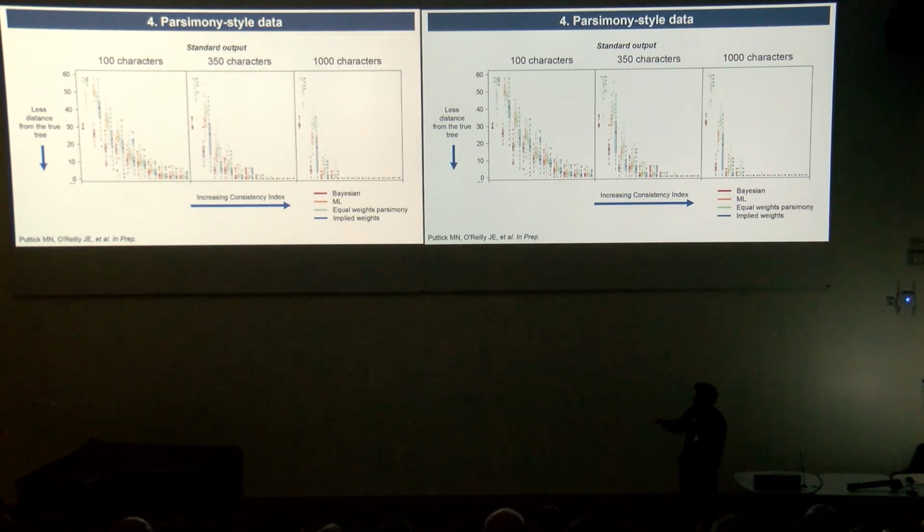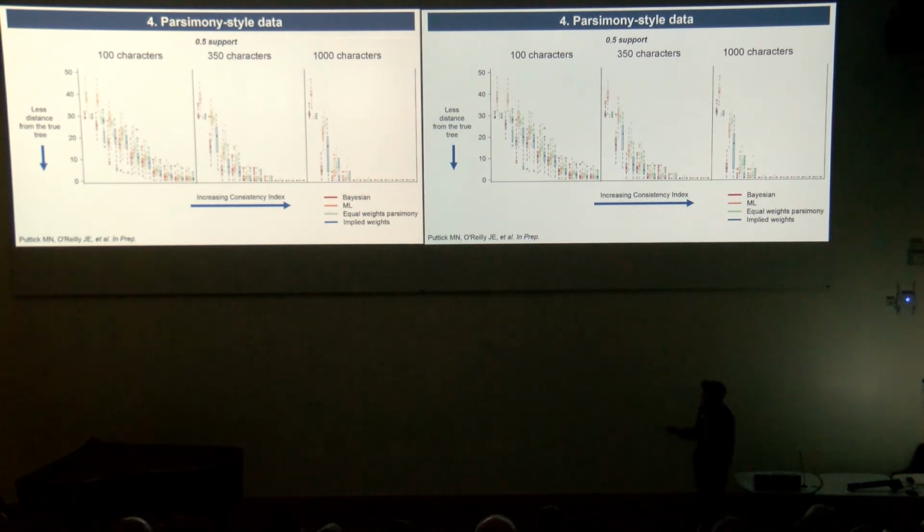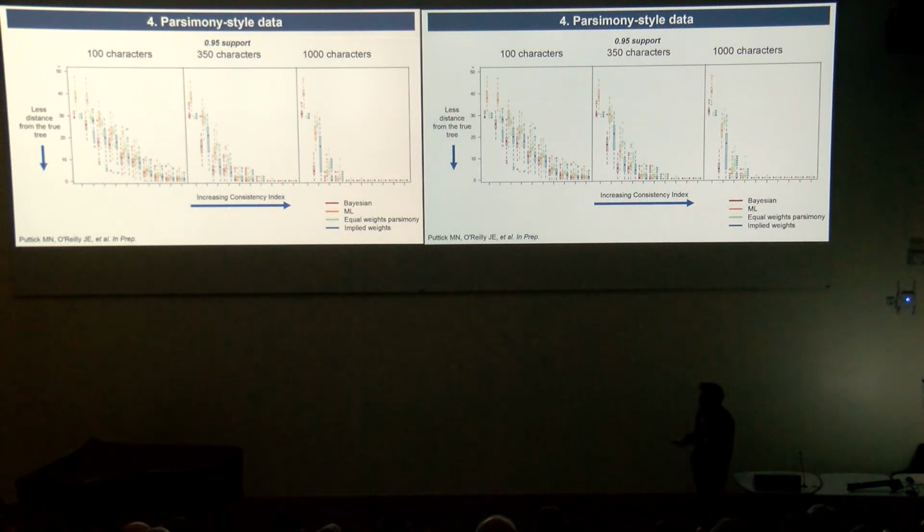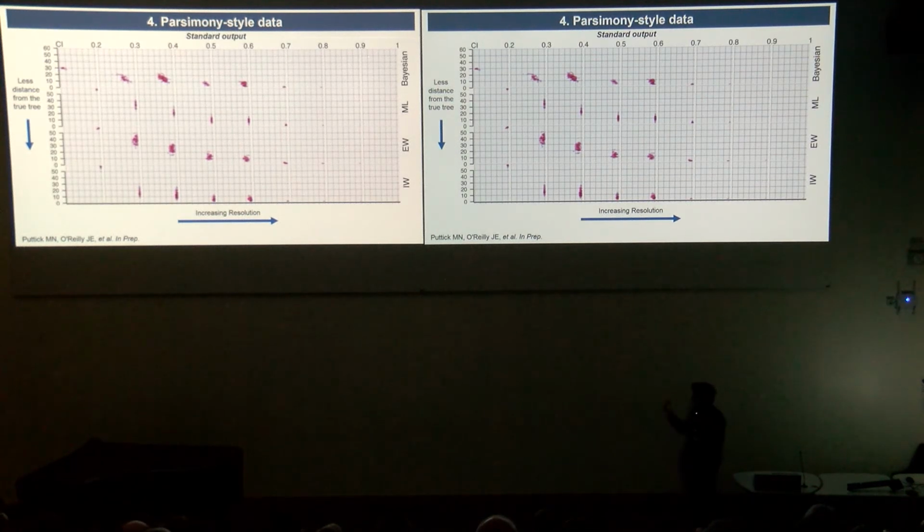So these results were from the standard output trees before bootstrapping. When we do bootstrapping, the trends are similar across analyses. This is just showing the same thing again, with increasing resolution on the x-axis and increasing accuracy down the y-axis, and Bayesian is doing better than the other methods.